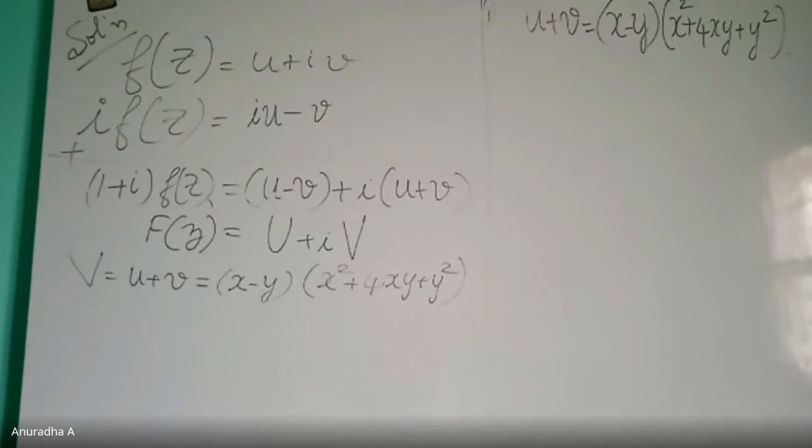Find out the CR equation. In that we need dou v by dou x, dou v by dou y. So find those two things and keep dou v by dou x and dou v by dou y.